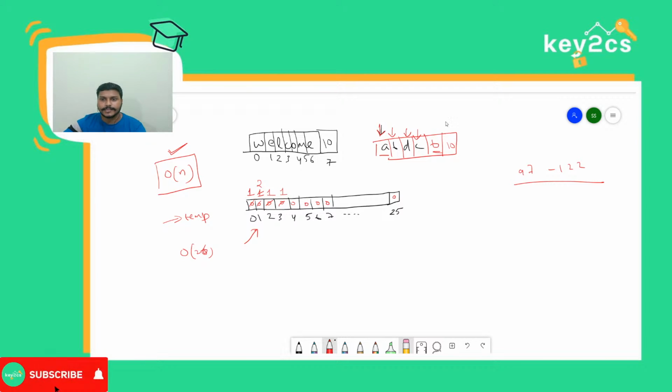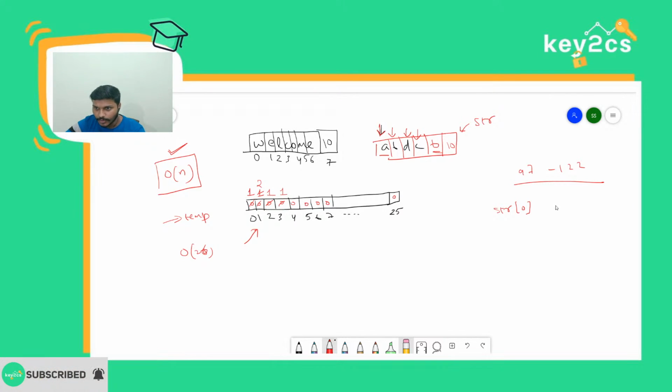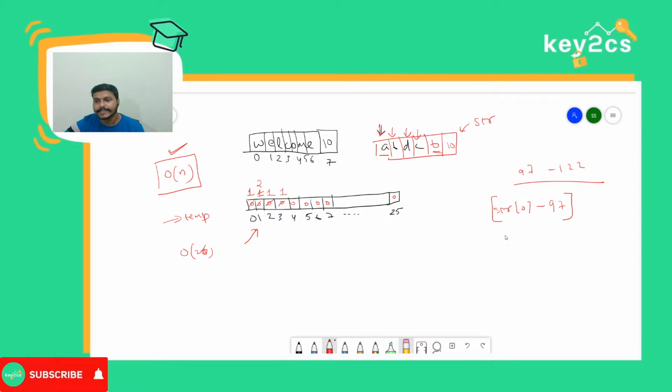Let's say the string name is str. If I write here str of 0, what is str of 0? str of 0 is a. If I write str of 0 minus 97, what will this give? str of 0 is a minus 97, again 0.